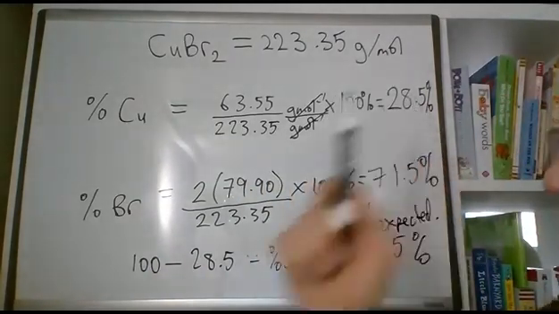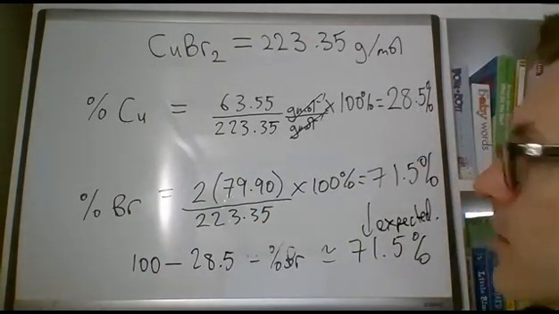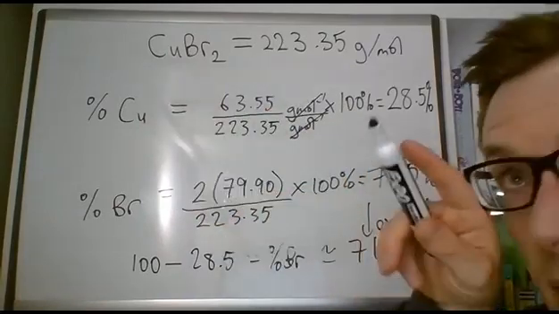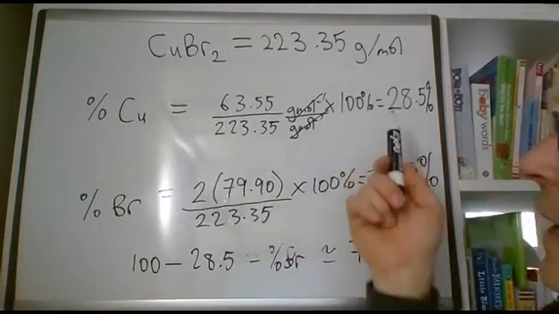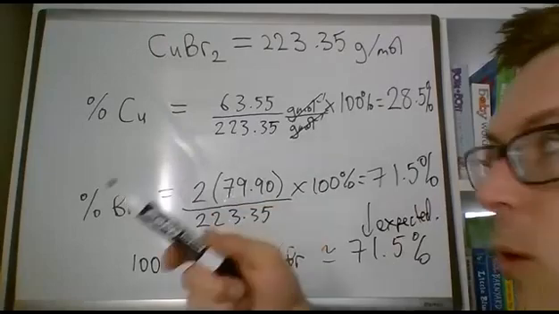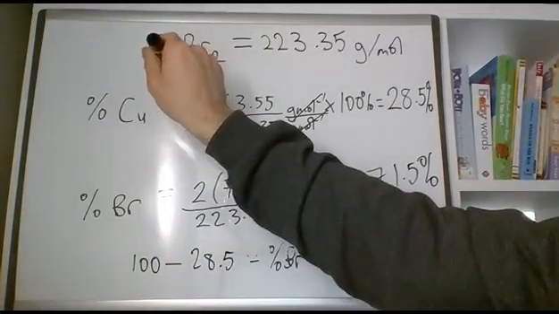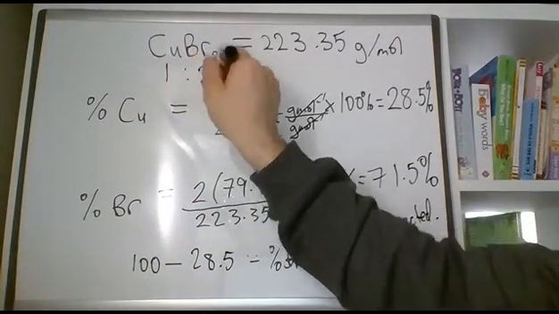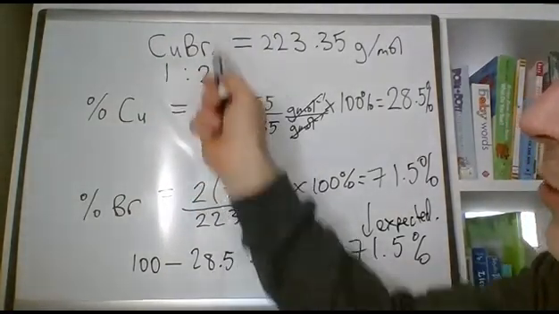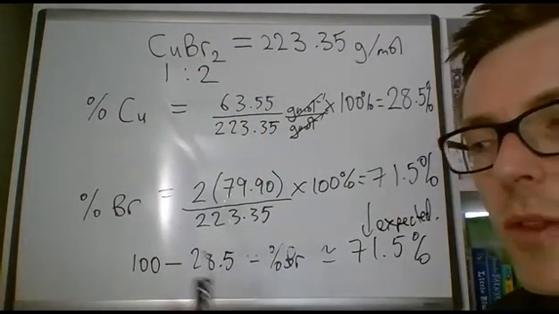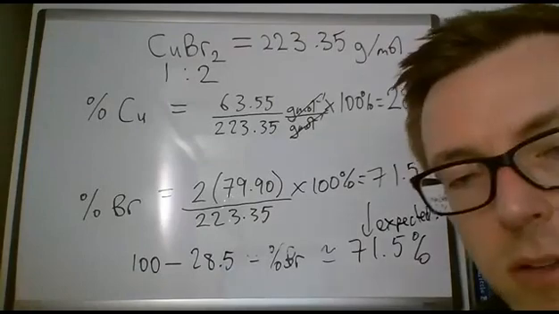Well, you can convert those masses. We won't show it here because that would definitely be another video. But you could ultimately convert that to moles and look at the mole ratio and see that there's a 1 to 2 mole ratio. So there's 1 copper and 2 bromines. And you could then confirm that this was CuBr2.